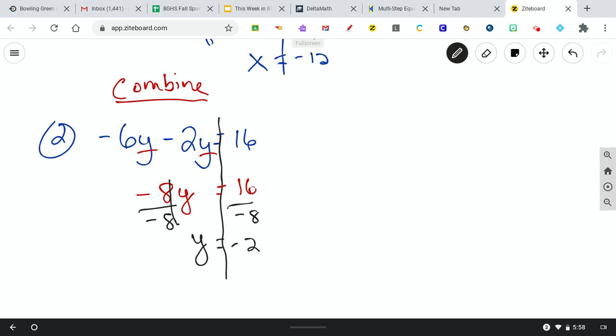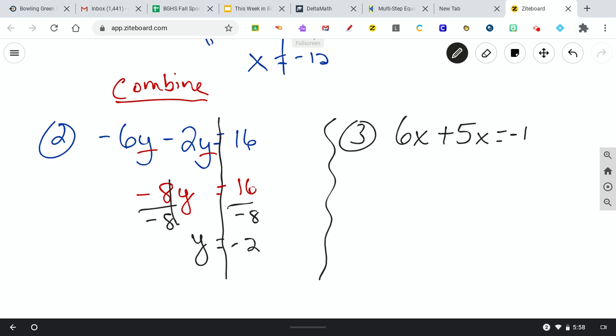All right. So look at number 3. I have 6x plus 5x equals negative 11. So again, I'm going to draw my line. And what do I notice?